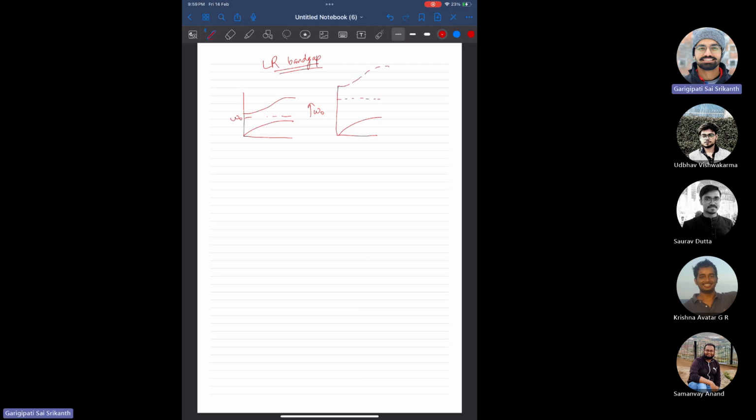So if you further increase omega naught, essentially omega naught is tending to infinity, then this line, which is omega naught, tends to infinity. You're just left with this.